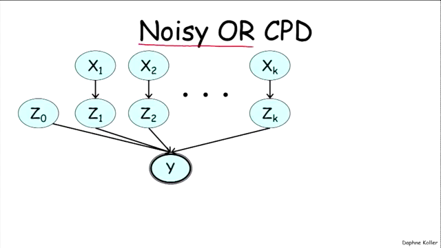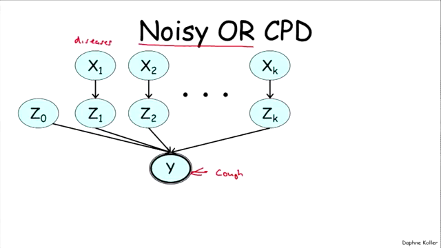And the noisy OR is best understood by simply considering a slightly larger graphical model where we break down the dependency of y on its parents x1 up to xk by introducing a bunch of intervening variables. So let's imagine that this is, again, like cough variable, and these are different diseases, for example.